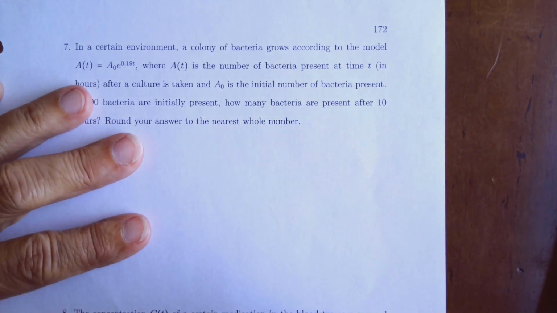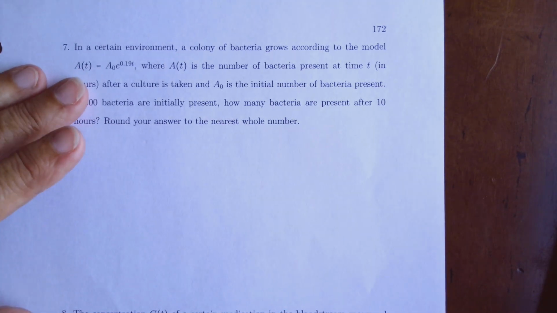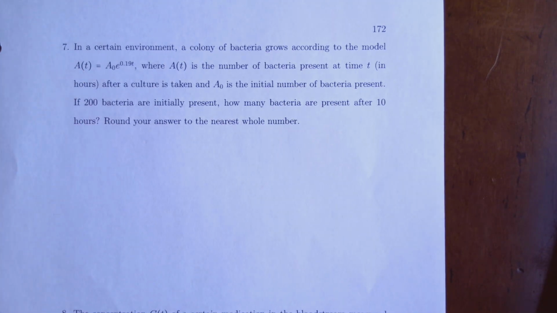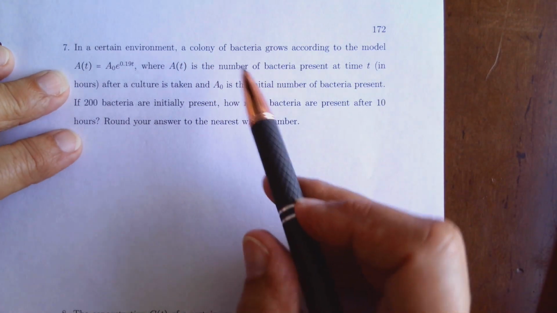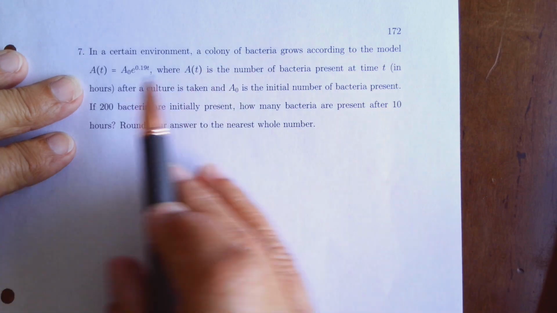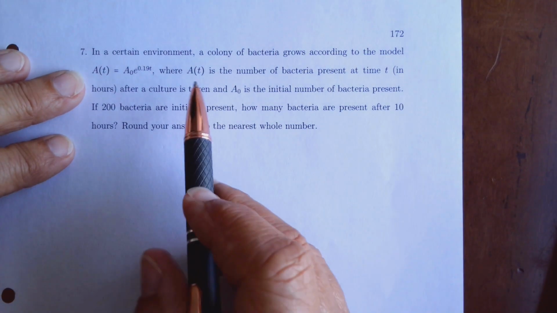Now we're on to other things, not money related. So typically, you're going to be given the formula for that right now. So number 7, we have this formula. Okay, it says in a certain environment, a colony of bacteria grows according to this model. So you're just going to be given the function, and you're just going to plug in the right numbers in the right place.